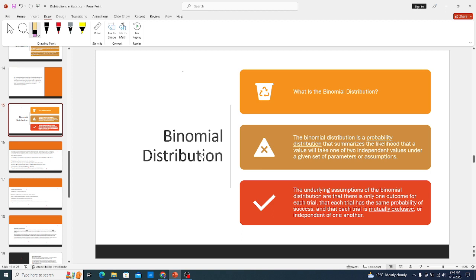Then we also gave some examples of situations where we usually use the normal distribution, like real-life examples of where we apply it. We also discussed the properties of the normal distribution, which are very key.